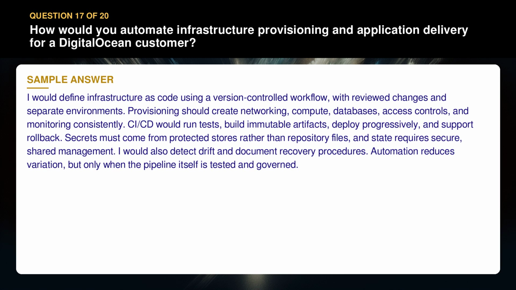CI/CD would run tests, build immutable artifacts, deploy progressively, and support rollback. Secrets must come from protected stores rather than repository files, and state requires secure, shared management. I would also detect drift and document recovery procedures. Automation reduces variation, but only when the pipeline itself is tested and governed.